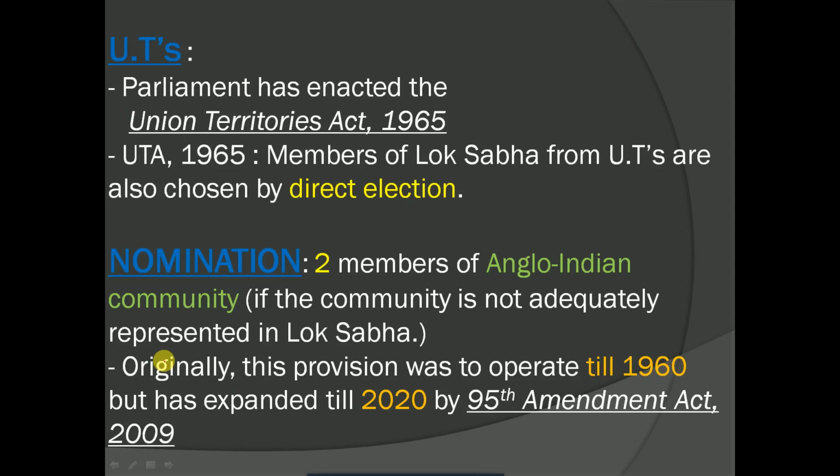In the case of Union Territories representation, the Constitution has empowered the Parliament to prescribe the manner of choosing representatives of Union Territories in Lok Sabha. In other words, the Constitution has given the power to Parliament to devise a manner of choosing representatives of Union Territories in Lok Sabha.